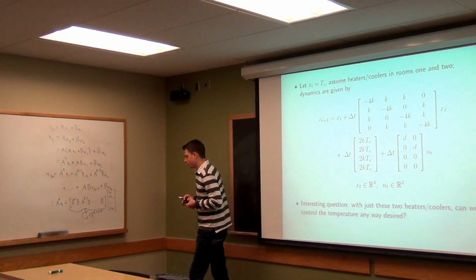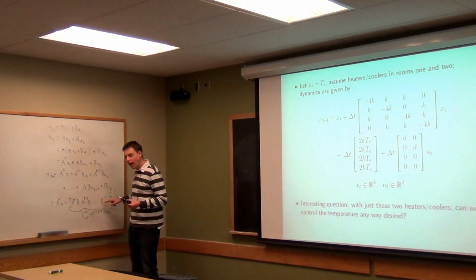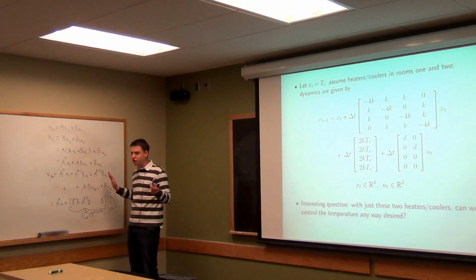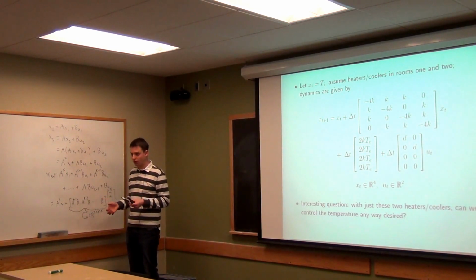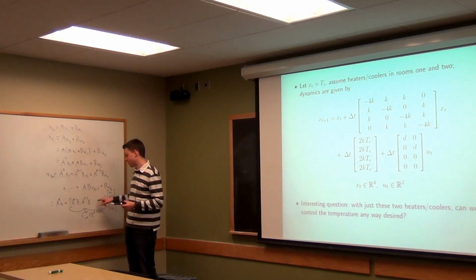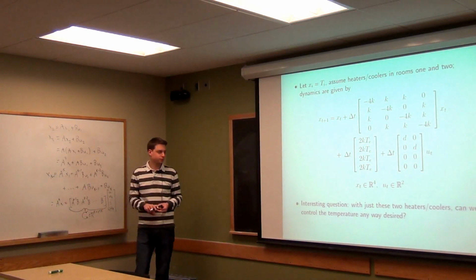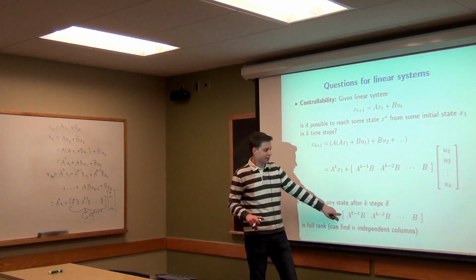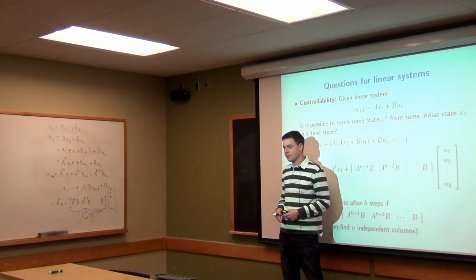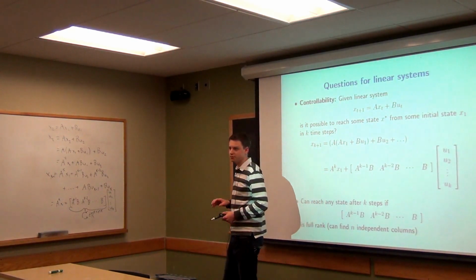But if this is not full rank, that means no matter what U's we choose, no matter how big they are, we can never control the system the way we want. Or arbitrarily, rather. We can never control it arbitrarily if, in fact, this is not full rank. So this matrix here, again called the controllability matrix, is key to answering this question.